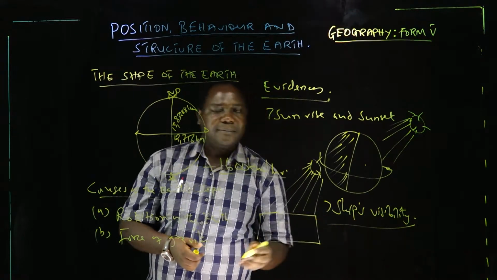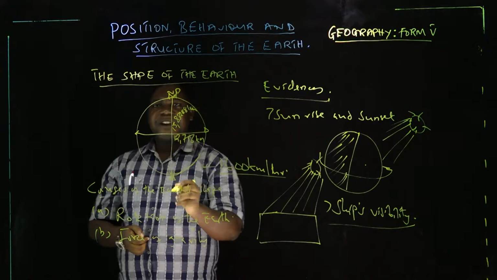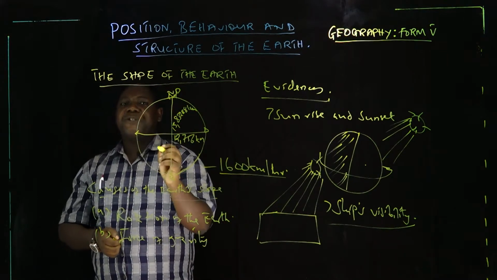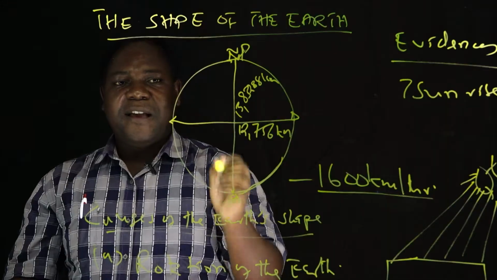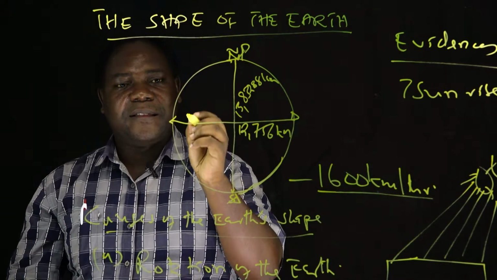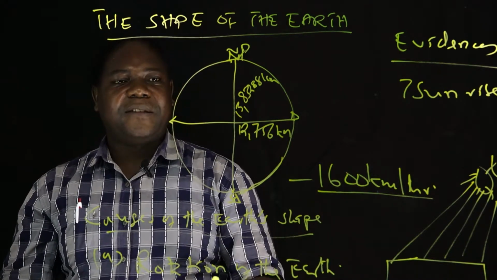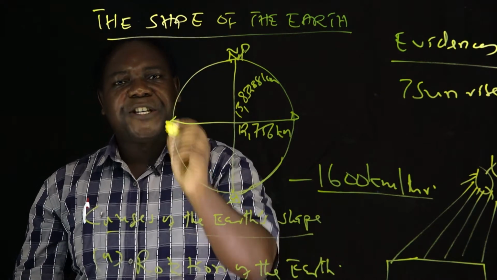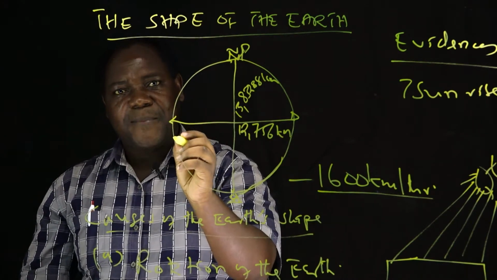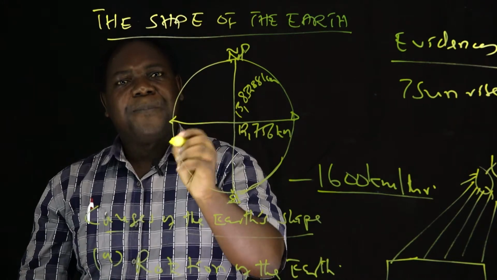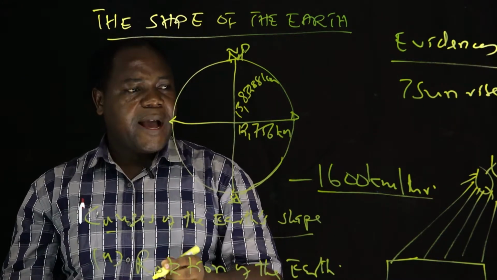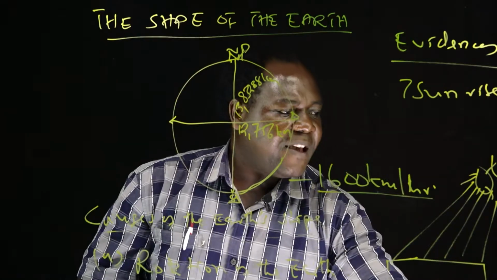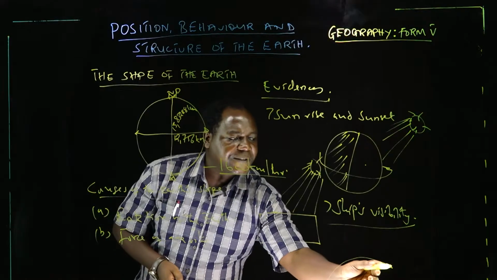My dear student, if you have ever been around the shoreline, around the harbor, witnessing the ship approaching the coast, you can tell that not the whole ship can be seen at once. The ship will be seen by its parts. Why? Because the shape of the earth is spherical like this.